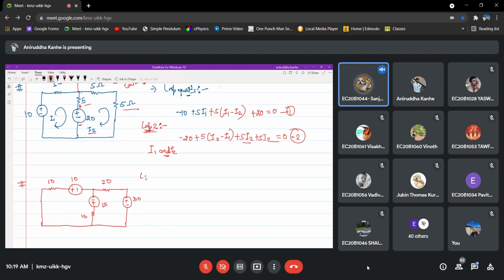So I got I1 as minus 0.4 amps, and I2 is 6 by 5. I1 as minus 0.4. What about others? So I too got the same, sir.